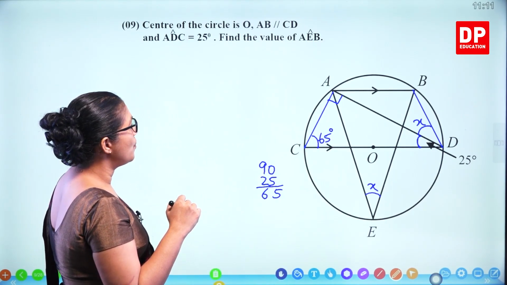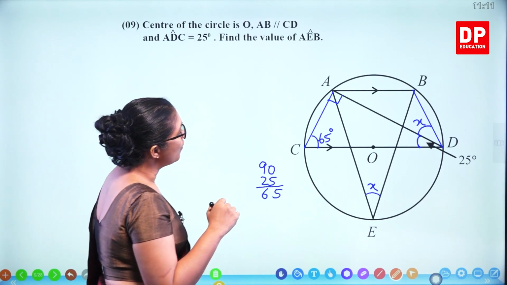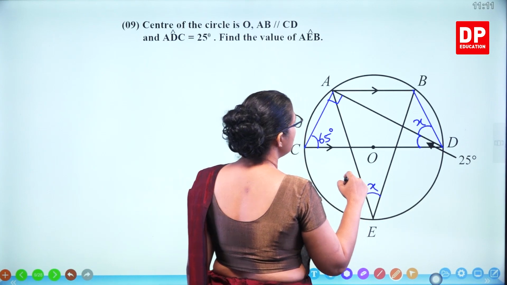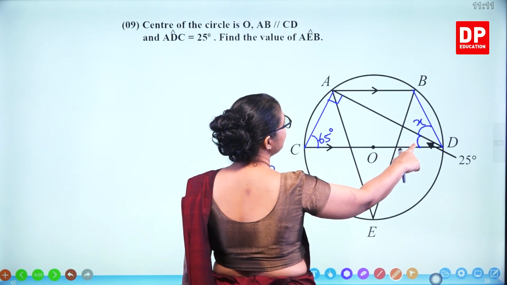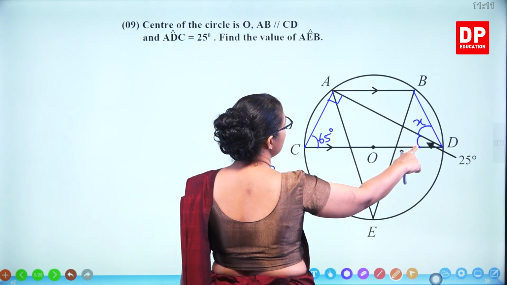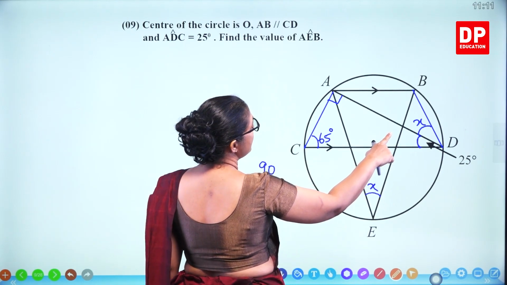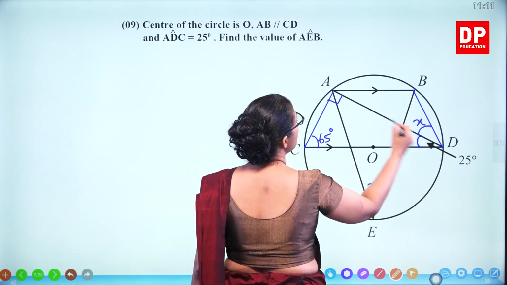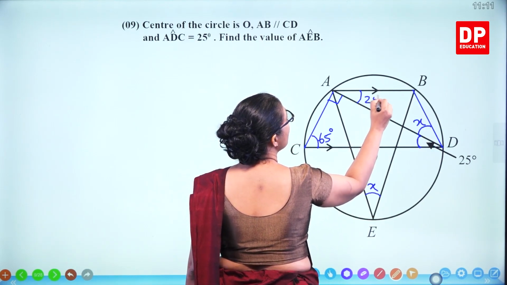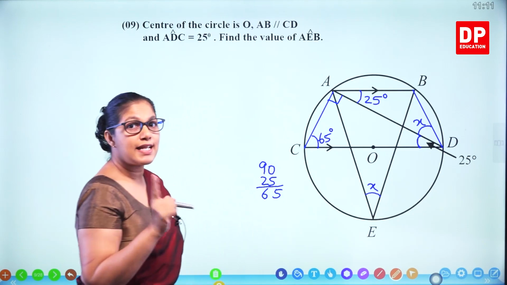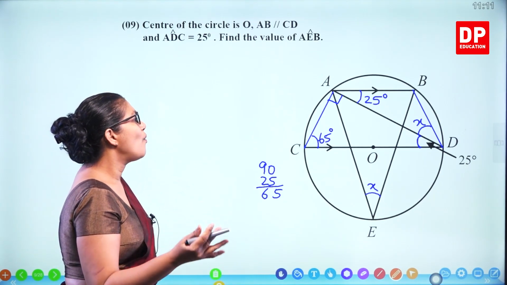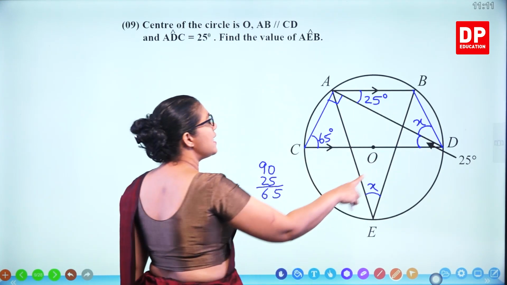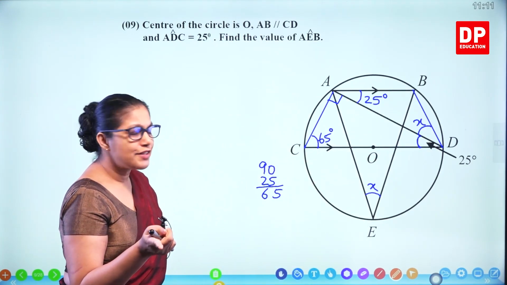And what else do we know? If this is 25, what are the other angles here? This is 25. Why? What's the reason? Alternate angles are equal. Now we know ABDC is a cyclic quadrilateral.